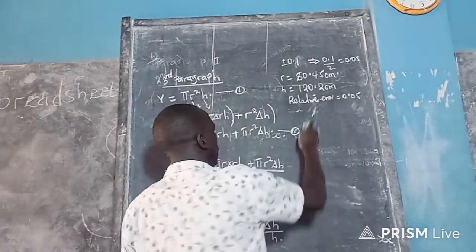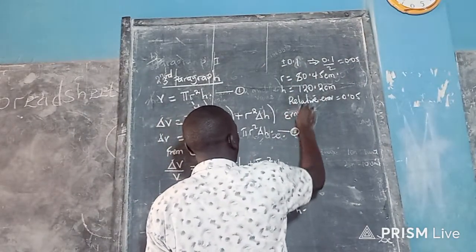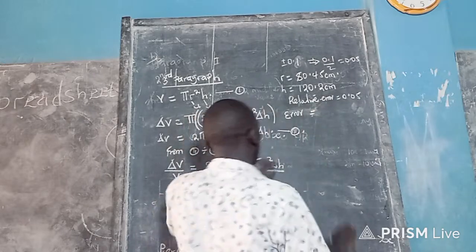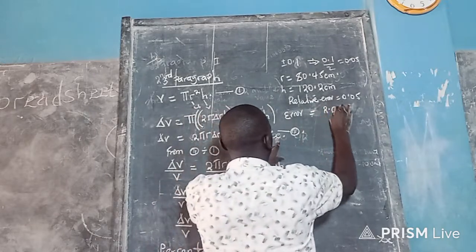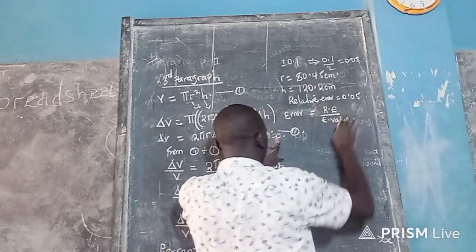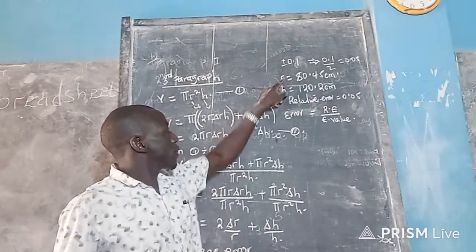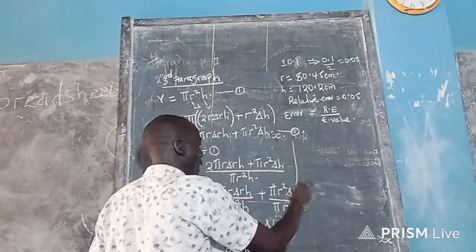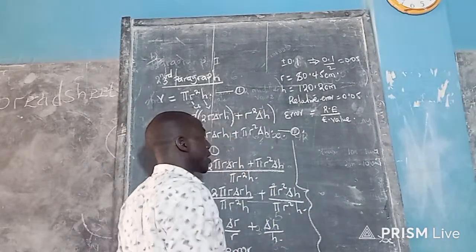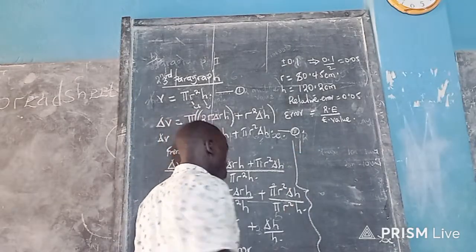Meaning, if I want the error now, the error in each of these will be given by the relative error divided by the exact value. I'm going to start from the error in the radius. The error in radius, I'm going to get at once as the percentage error.